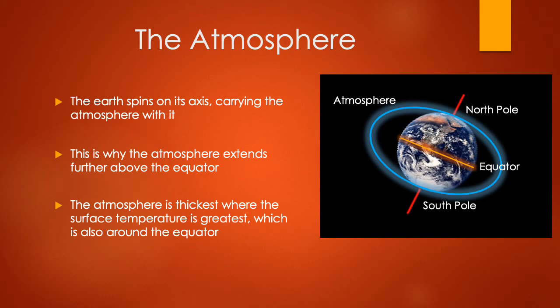The atmosphere is thickest where the surface temperature is greater. So around the equator, the atmosphere is thicker compared to the poles where the atmosphere is slightly thinner. Okay, so we have a greater vertical extent around the equator than compared to the poles.